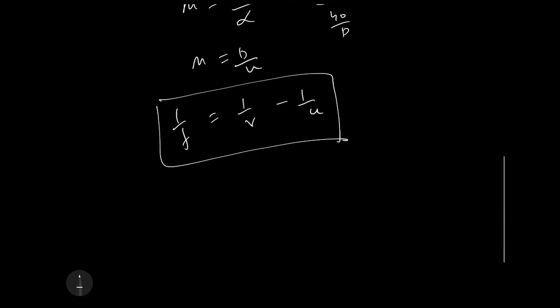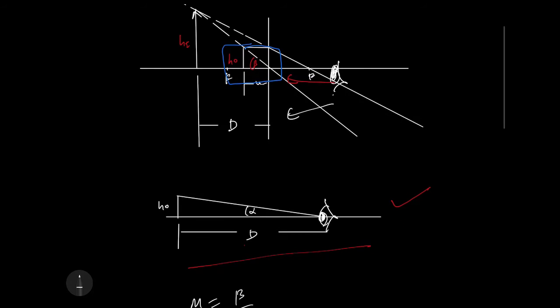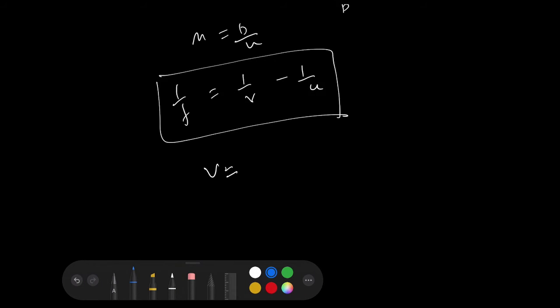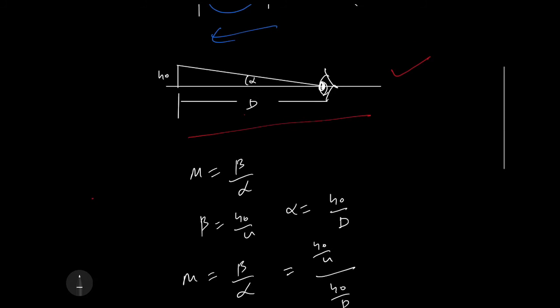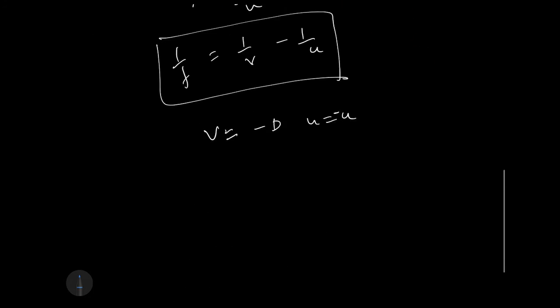So v is the image distance, measured away from the incident ray, so your v is going to be minus d. And u will be minus u, because our object is here and this distance u is measured in this direction.